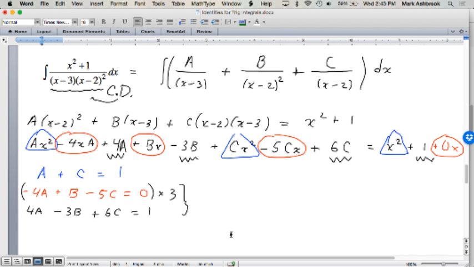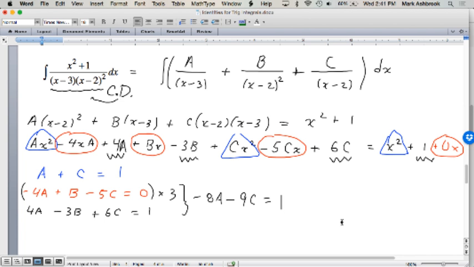So how many a's will I have? I'll have negative 12a plus 4a. Is that negative 8a? And then we got 3b minus 3b is 0. And we have minus 15c and 6c. What's that? Is that minus 9c? And then 3 times 0 plus 1.